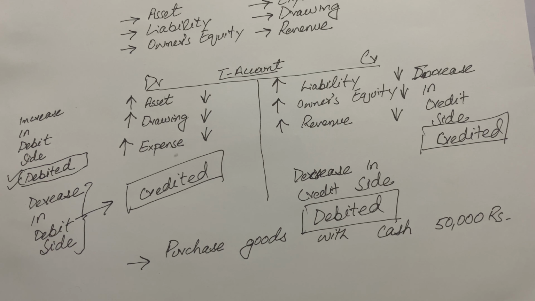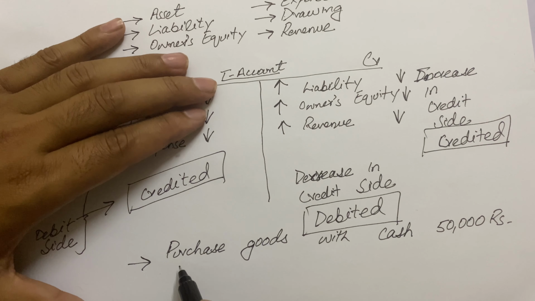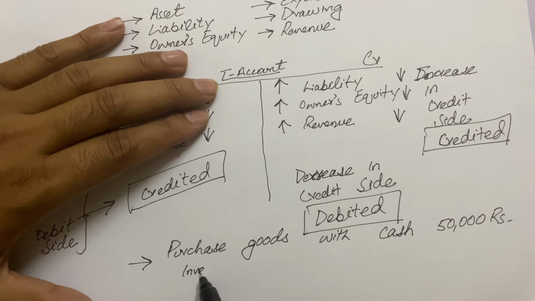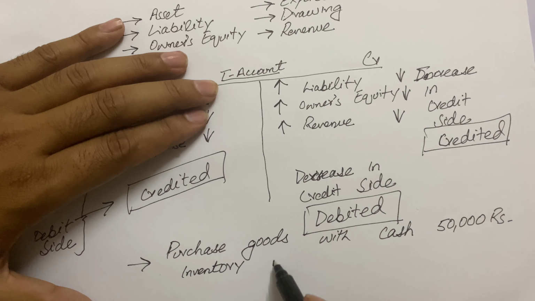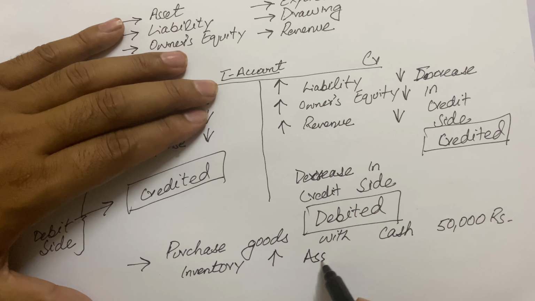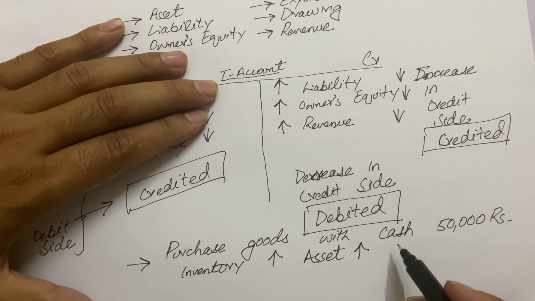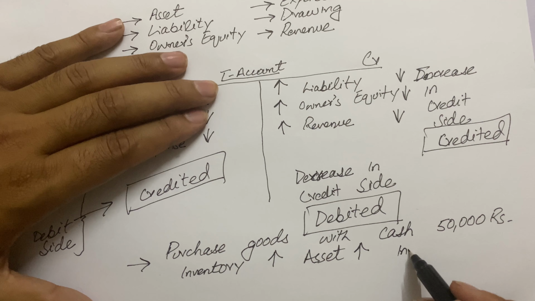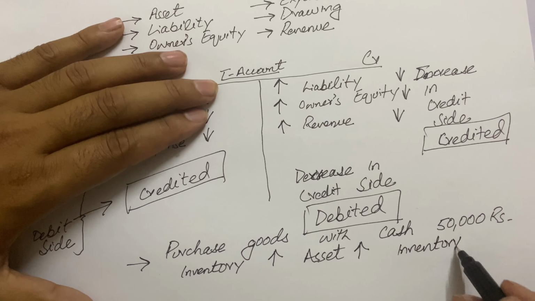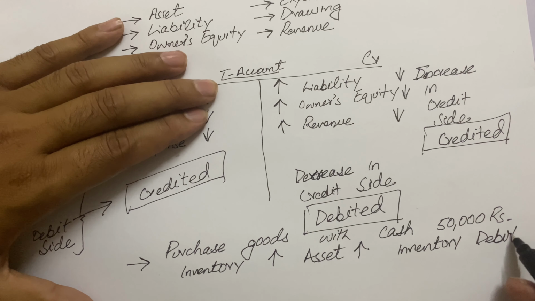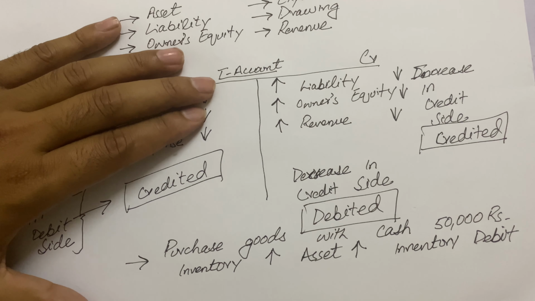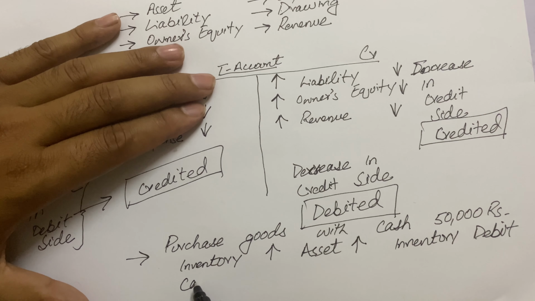Whenever there are purchases, inventory comes into the business, and it will always be debited because inventory is an asset. Inventory increases, inventory is an asset, asset increases, and the inventory account is debited. On the other hand, the cash is decreasing.